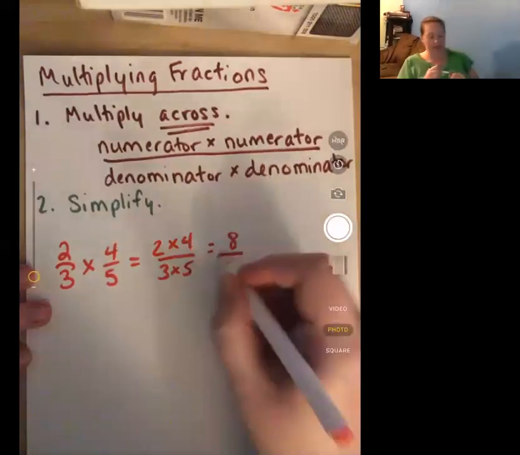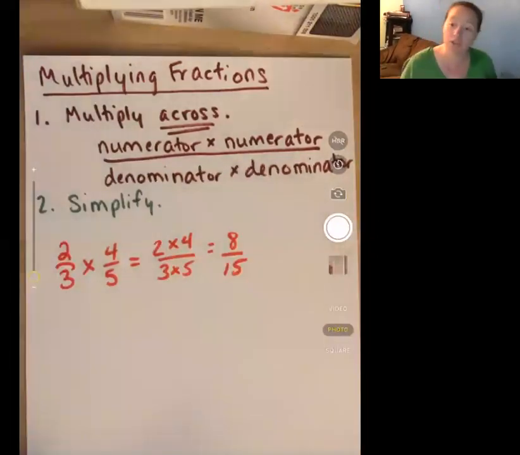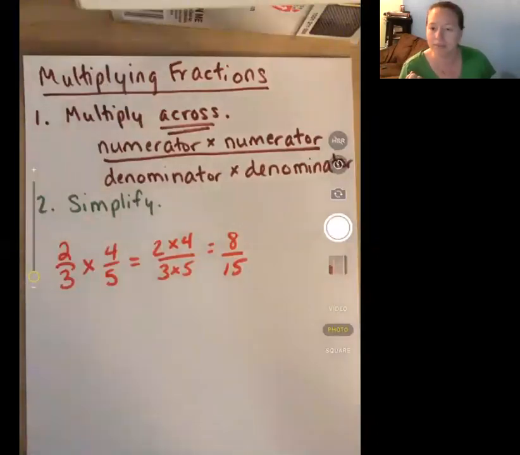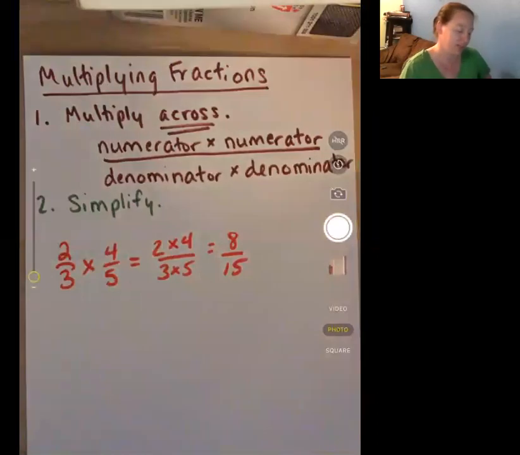Then I ask myself, can I take a 2 out of that? Well, I could out of the 8, but not out of the 15. Can I take a 5 out of that? Well, I could out of the 15, but not out of the 8. Can I take a 3 out of that? Well, I could out of the 15, but not out of the 8. So that's where we're stuck. We can't do anything else to that problem.